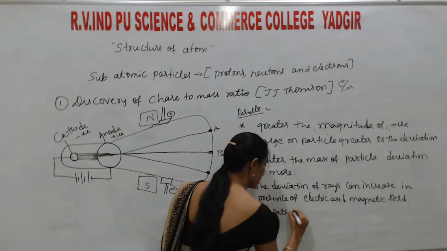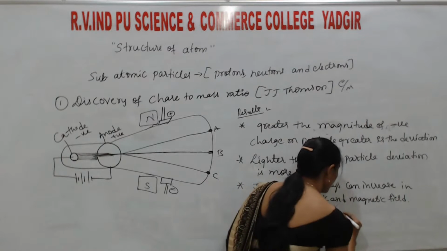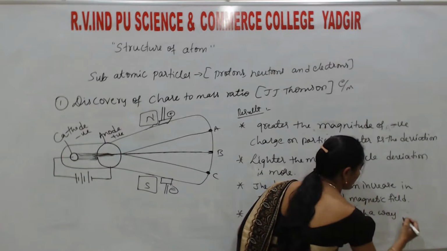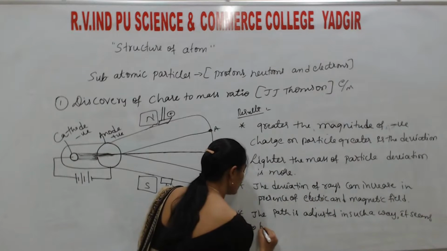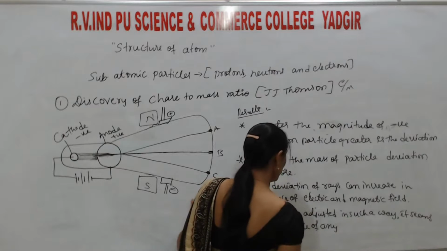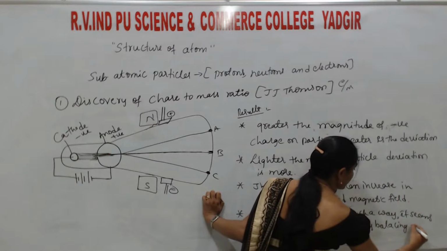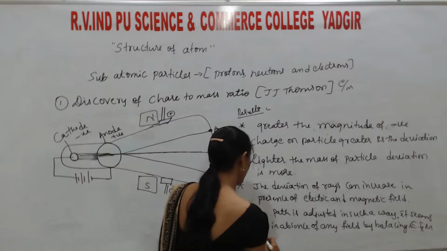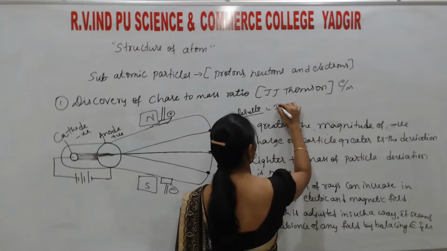The path is adjusted in such a way that it seems to be in absence of any field by balancing electric field and magnetic field. Okay, so the last point I write here because it is very, very important.